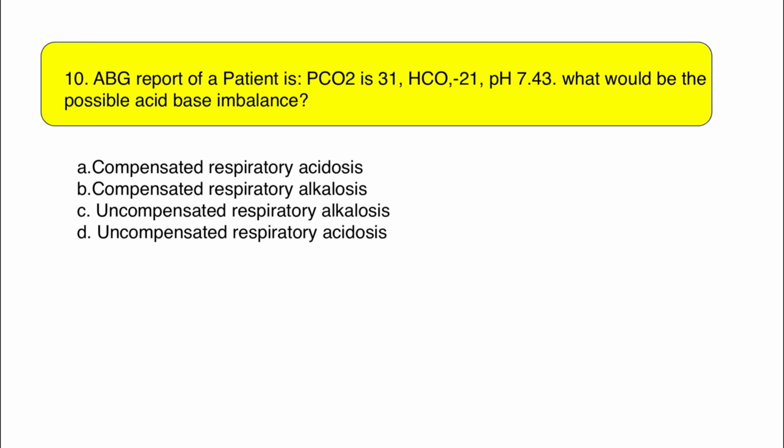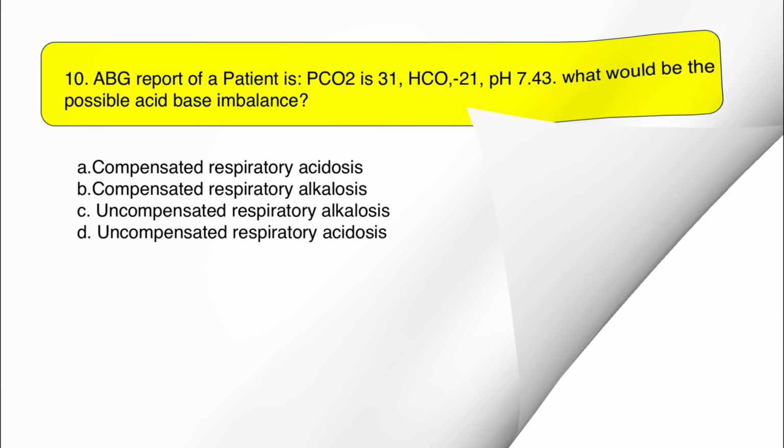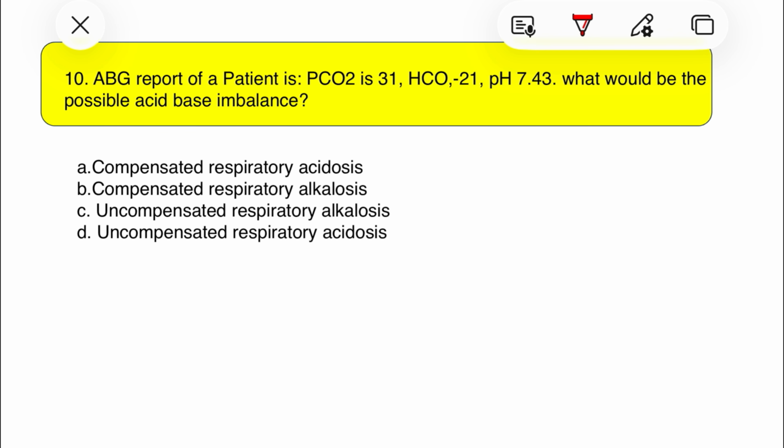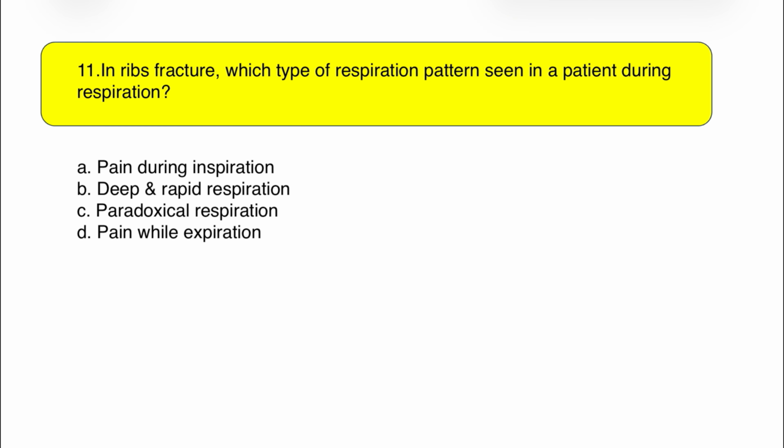Option A compensated respiratory acidosis, option B compensated respiratory alkalosis, option C uncompensated respiratory alkalosis, and option D uncompensated respiratory acidosis. The right answer is option C. Move on to the next question.